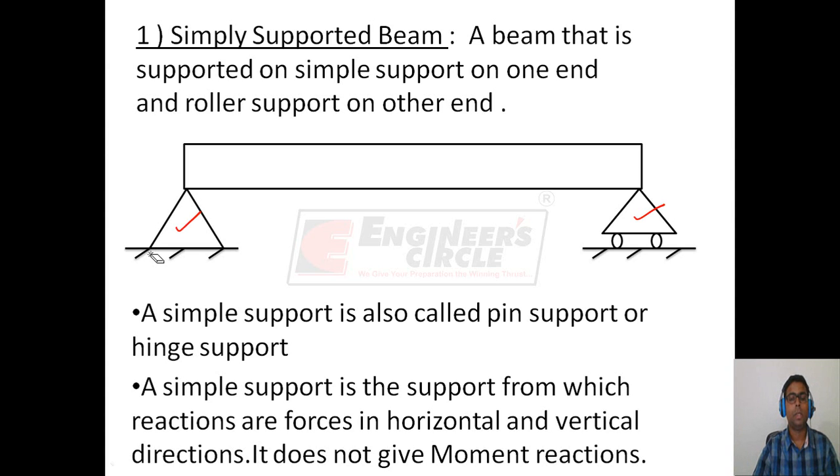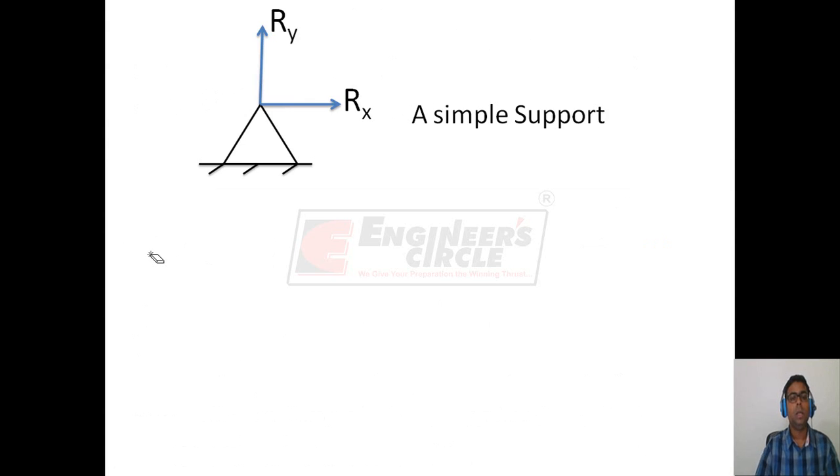A simple support is the support from which reactions are forces in vertical and horizontal directions. It does not give moment reactions. That is, the reactions from the support are only the horizontal force Rx and the vertical force Ry. It does not give any moment reaction.